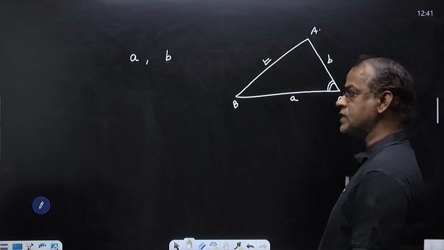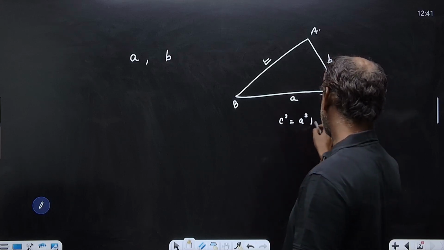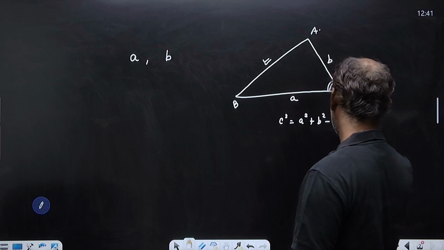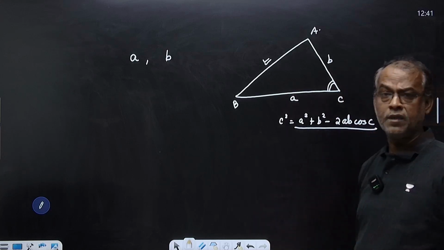It is very easy to observe that c square you can simply write as a square plus b square minus 2ab cos C. So c can be determined uniquely.